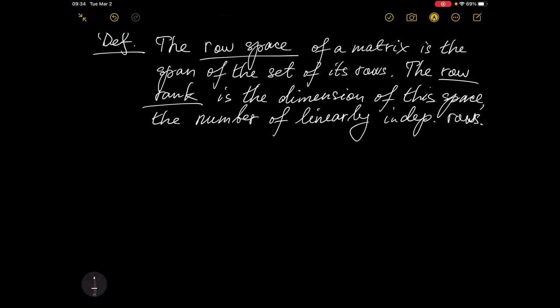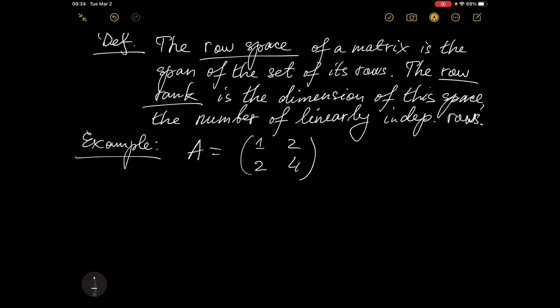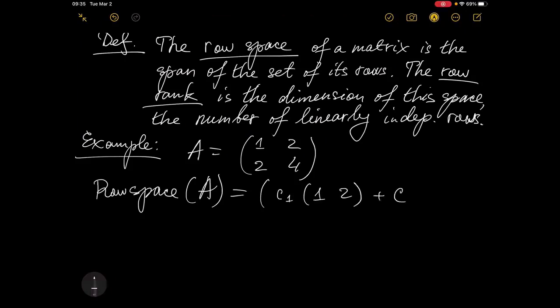Okay, so example. If I consider, for example, the following matrix, 1, 2, 2, 4. So the row space of A, it's all possible linear combinations of rows, right?